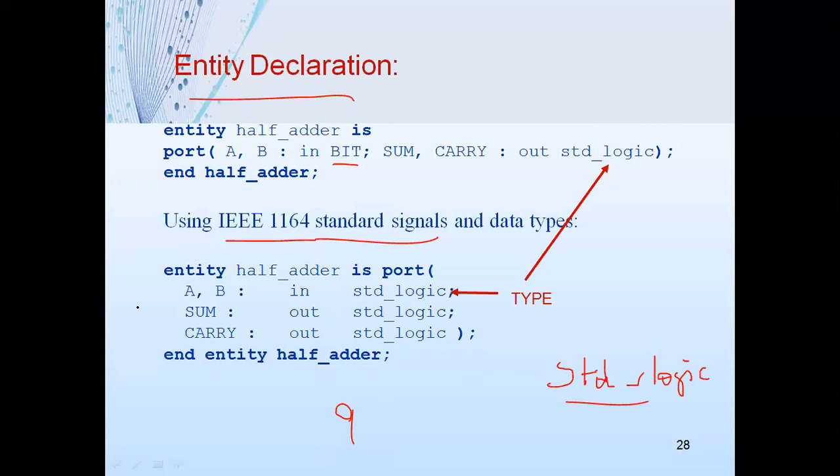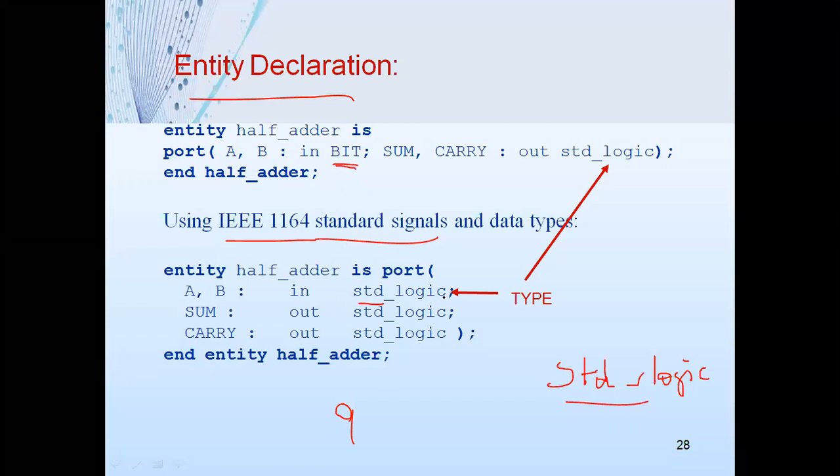Okay, so now you can see the difference between the entity declaration without the standard logic, with standard logic. If it is without standard logic, normally you can define with the bit value. But if you include the IEEE 1164 package, then now we are no more defining it as a bit here. You are defining it as a standard logic.